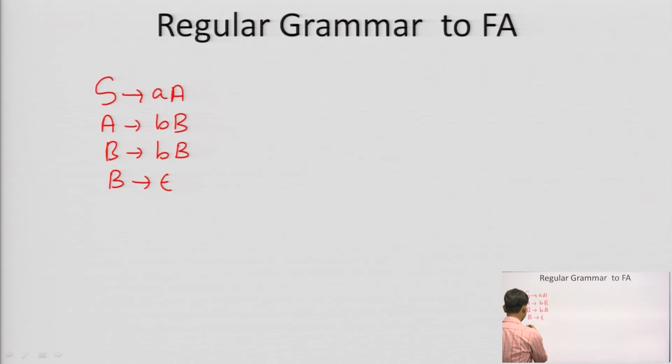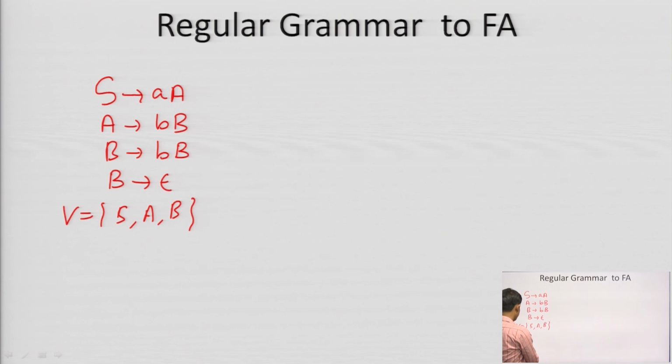Now, V is S, A and B, and the input alphabet, the terminals, are a and b.